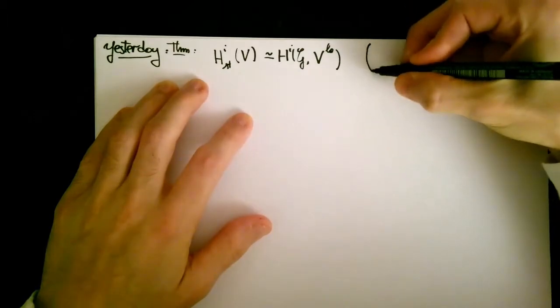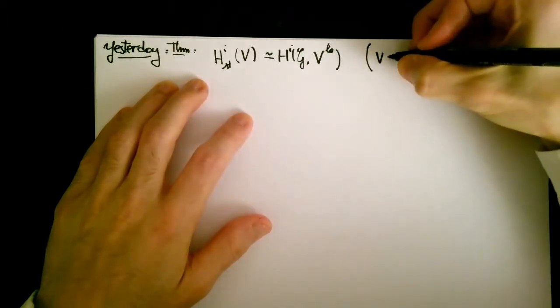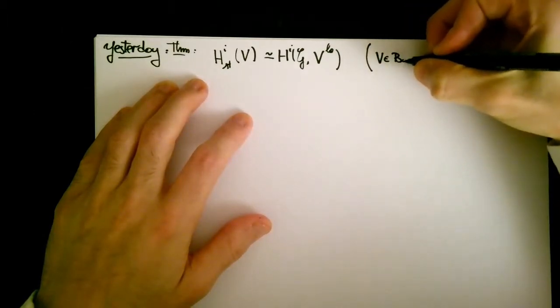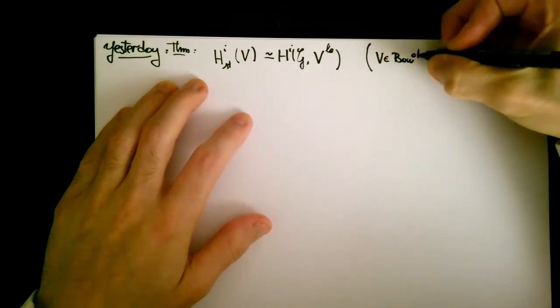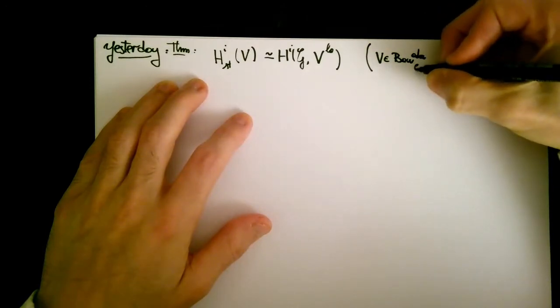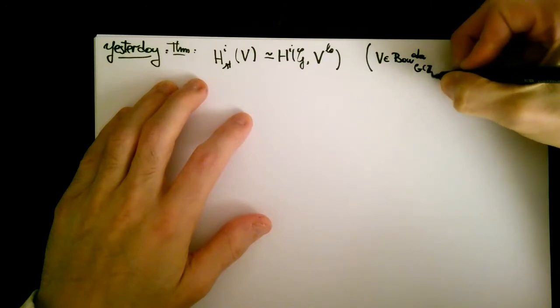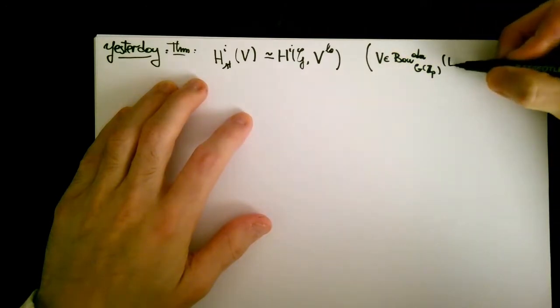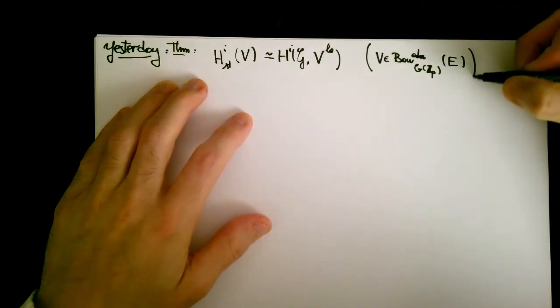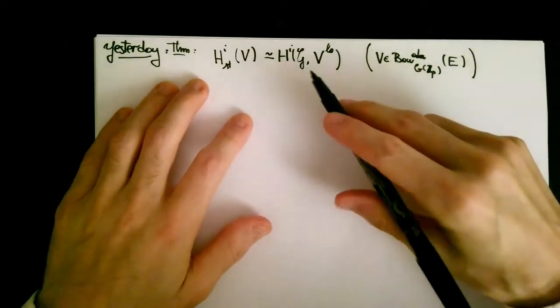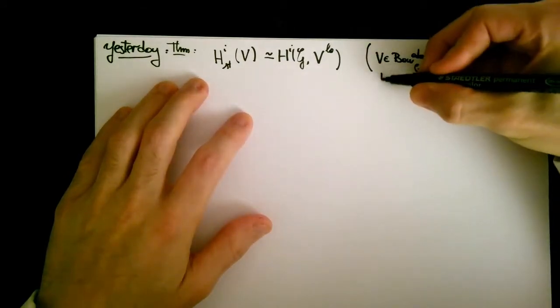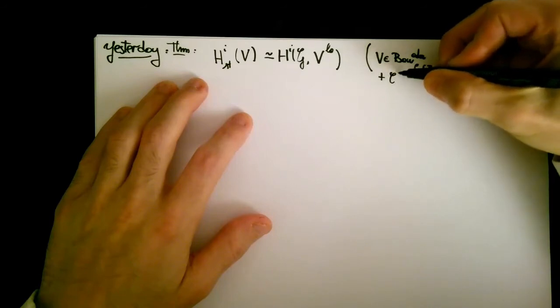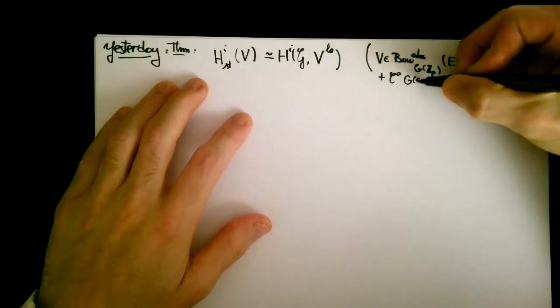So V, I remind you, is an admissible Banach space representation of, say, GL_2(Z_p) (with coefficients in E), with a continuous G_{Q_p} action.